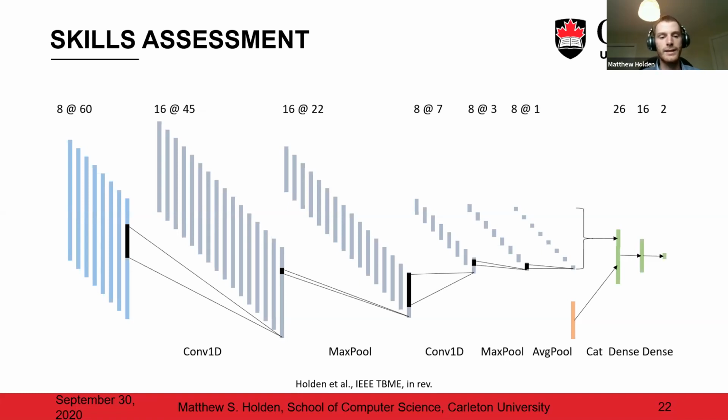So in recent work in skills assessment, we employ temporal convolutional networks in order to assess skill. But these temporal convolutional networks, although they find some aspects of skill that aren't measured by our summary statistics, what we find provides added value is if we actually integrate that domain knowledge, or integrate those summary statistics, into our networks.